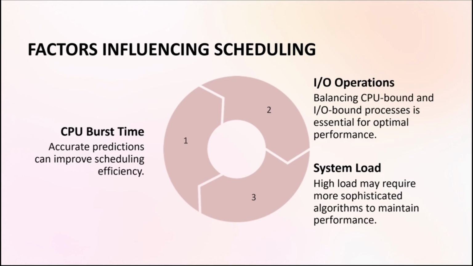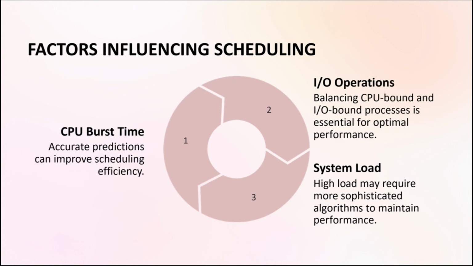This is the amount of time the process, which is the task, spends using the CPU before it either finishes the task that is given or it uses the IO, which is the input output. So a CPU burst time simply means the time that the system is going to use to process a task before needing the input or the output function of the computer system.